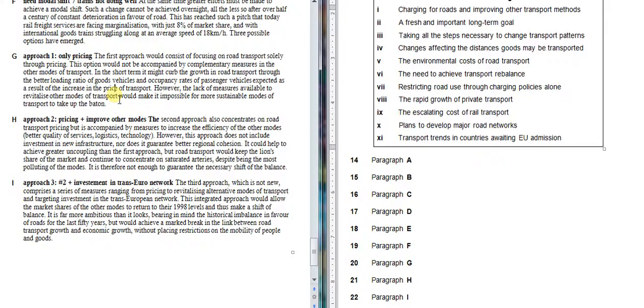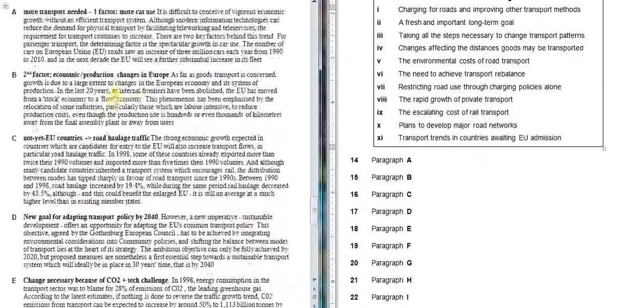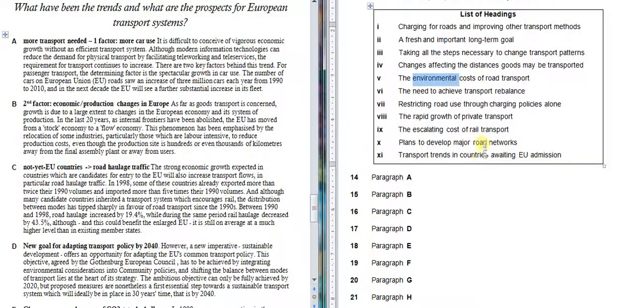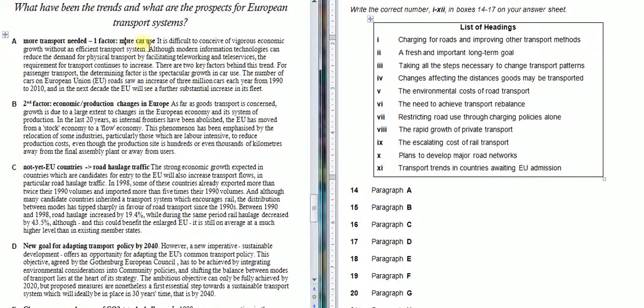Right? So knowing that, matching to our headings should be very quick. Okay, so let's see if we can do it. More transport needed. Factor 1, more car use. No. Oh, growth, more car use, growth of private transport.